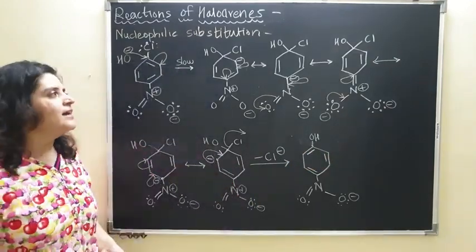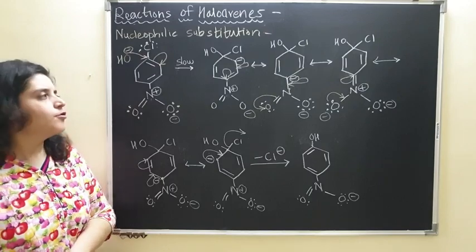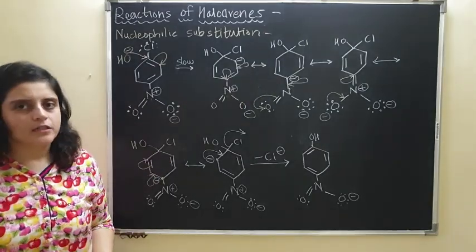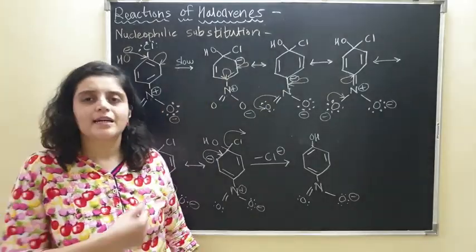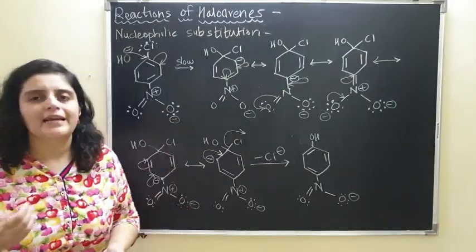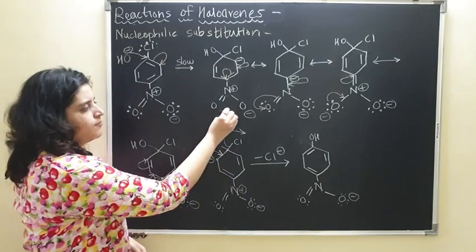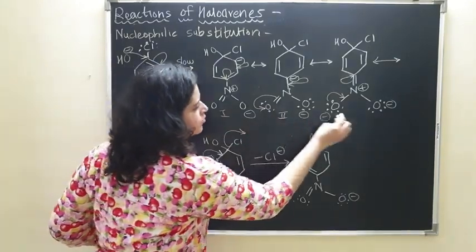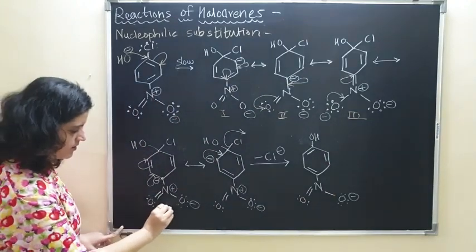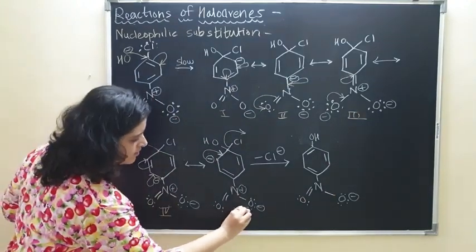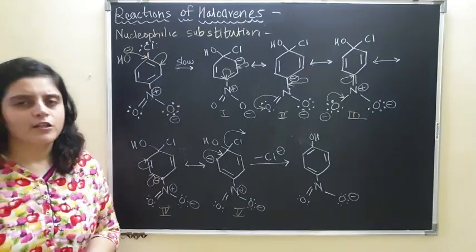Now imagine that if there was no nitro group present at the para position, then the electrons may not have conjugated more like this. Here we have so many resonance structures: 1, 2, 3, 4 and 5. 5 resonance structures.